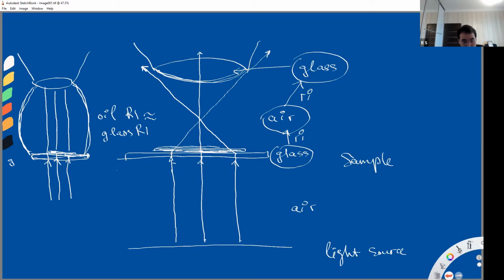Instead of going like this, the ray will still continue its path and finally reach our eyes.